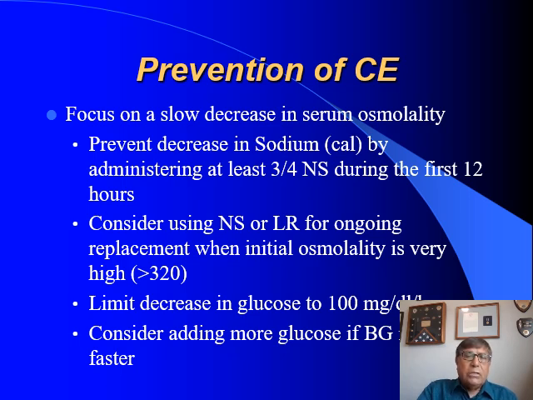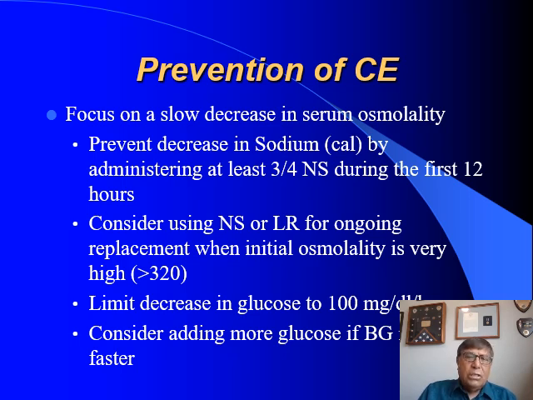If the patient has hyperchloremia, consider using normal saline and Ringer's lactate for ongoing replacement. This also applies regardless of the patient age that I presented before, like the three-quarter; forget those.